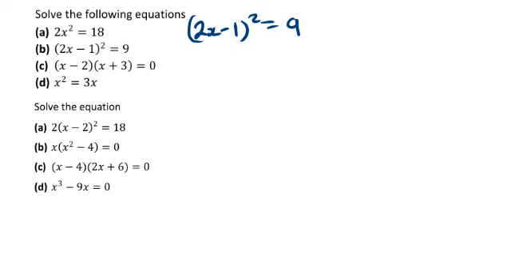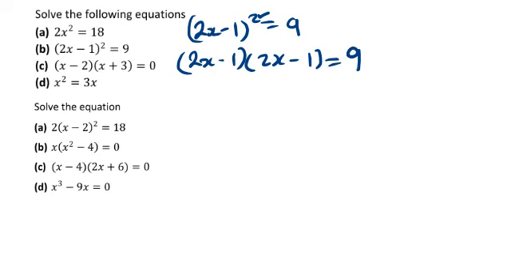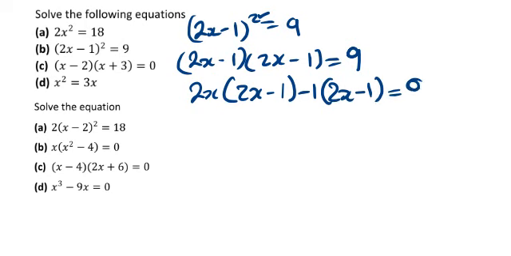You understand that 2x minus 1 is multiplying itself 2 times, which simply means that you are having 2x minus 1 and 2x minus 1 equal to 9. We understand that 2x is going to multiply with 2x minus 1. Also negative 1 is going to multiply with 2x minus 1, equal to 9.